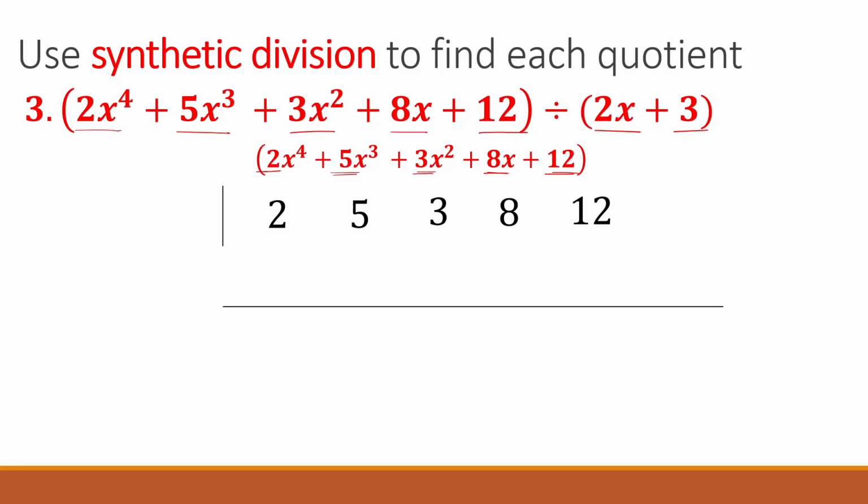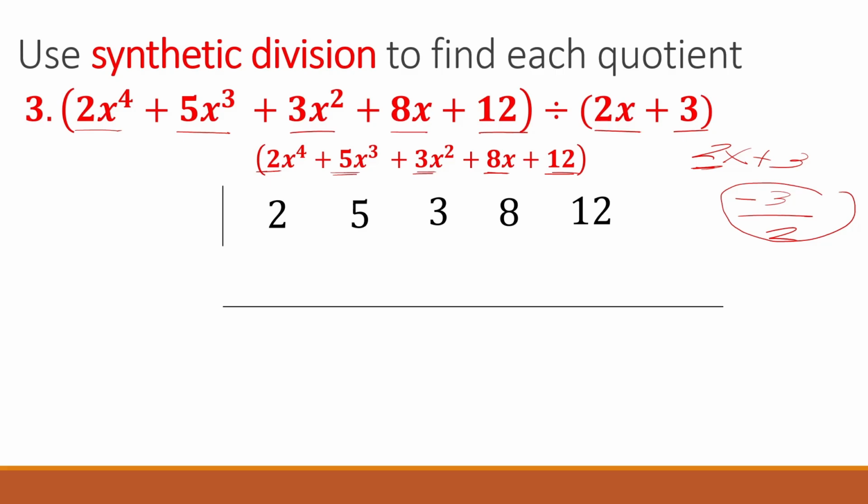Divided by 2x plus 3. In our shortcut way, we can have negative 3 over 2, copying the numerical coefficient of the first term of the divisor, which is 2. That's the shortcut way.